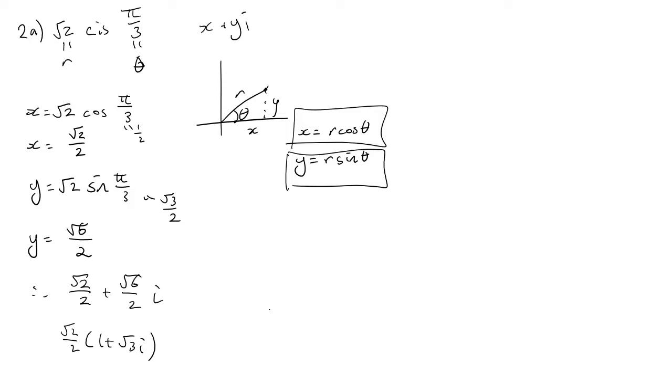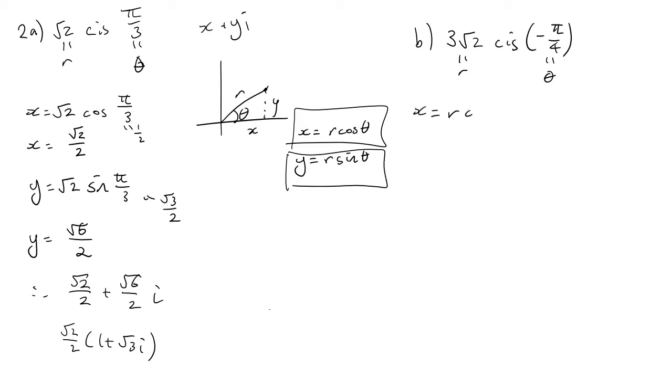Now let's try one more example and we'll leave it there for today. So part B. So we had 3 square root of 2 cis negative pi on 4. That's r, it's theta. Let's calculate x and y.